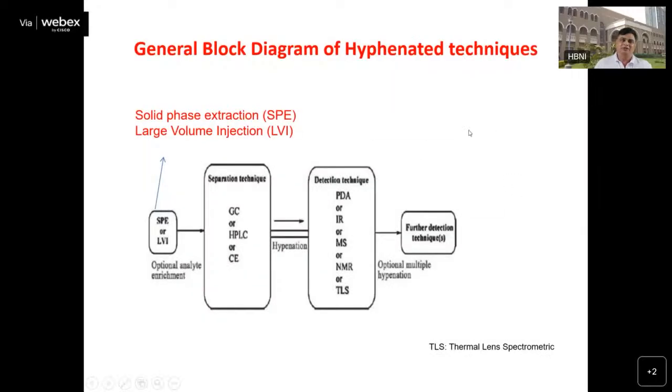This is generally a block diagram of how this hyphenation of the various techniques is possible.